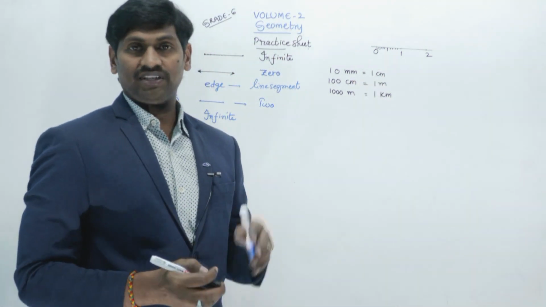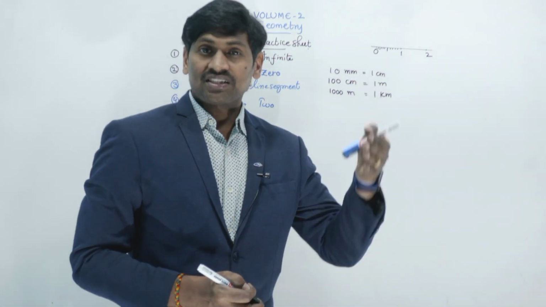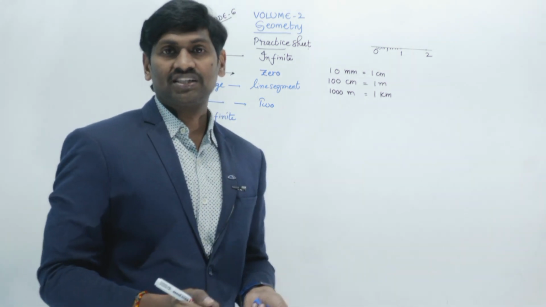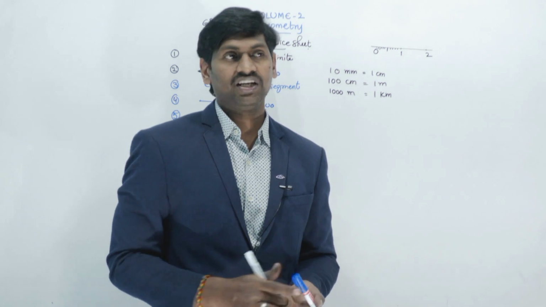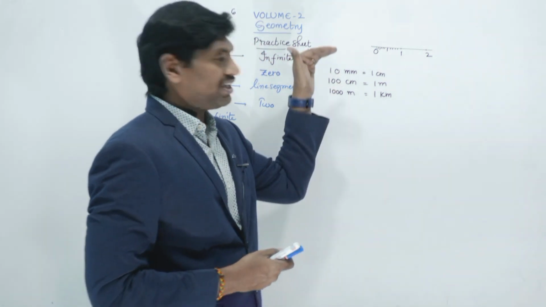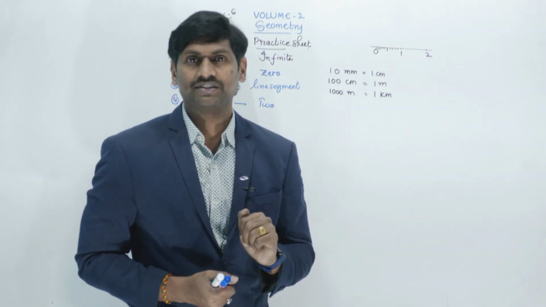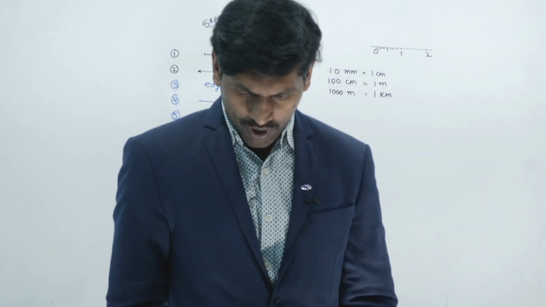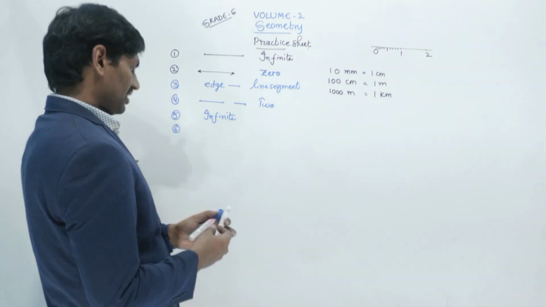Actually there are millimeters, centimeters, decimeters, meters, decameters, kilometers, but we are just discussing millimeters, centimeters, and meters. Now the question is, question number 6, 1 millimeter equals to dash centimeters.